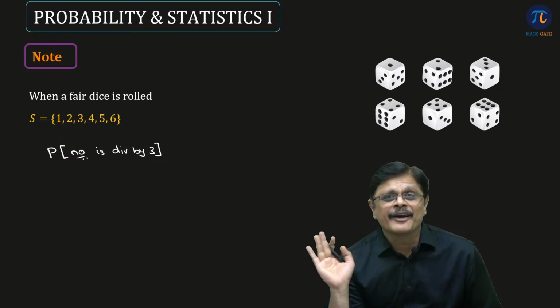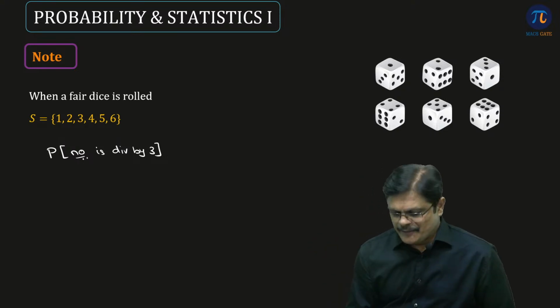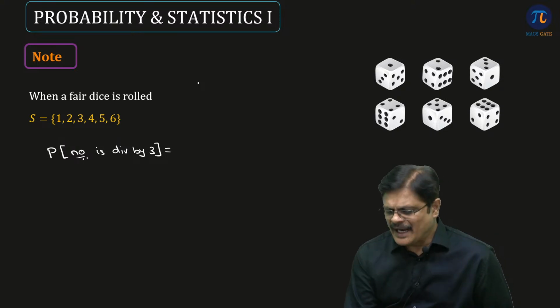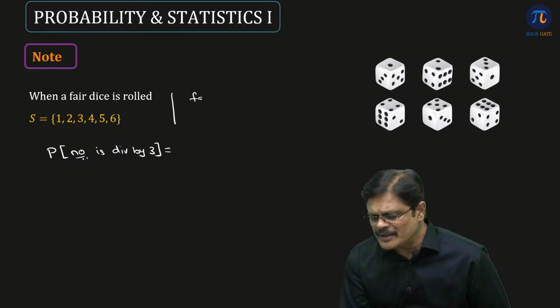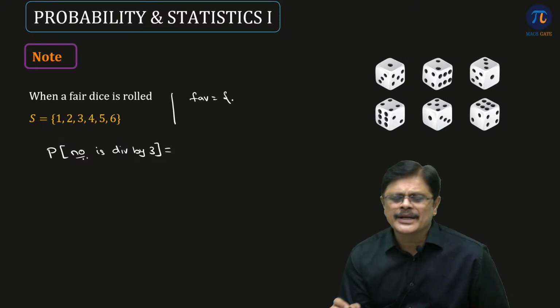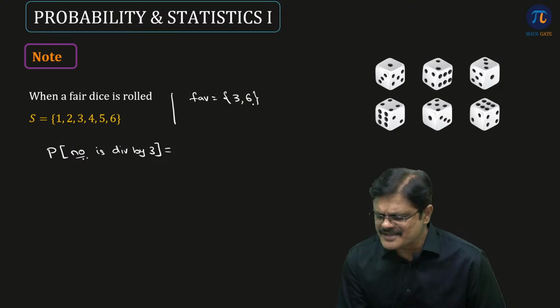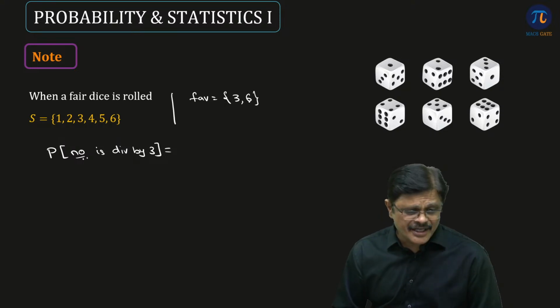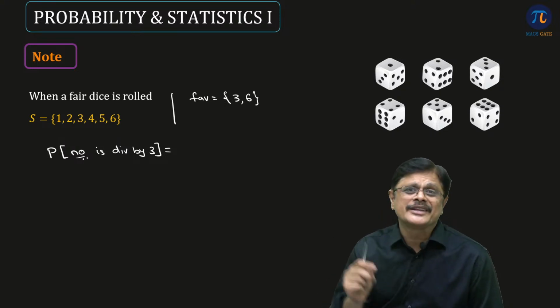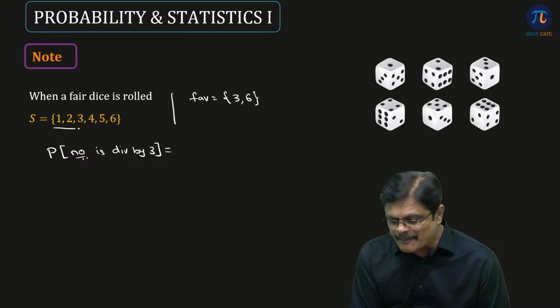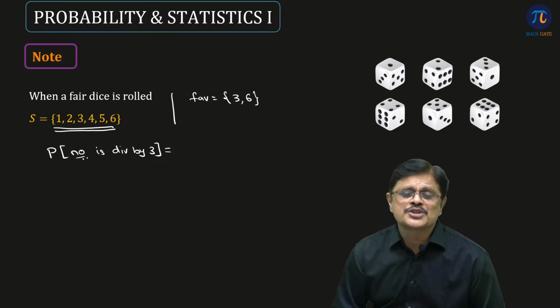There are infinitely many. But when I ask for the outcomes favorable for this event, we only mentioned 3 and 6. What restricted us to only 3 and 6? The sample space.